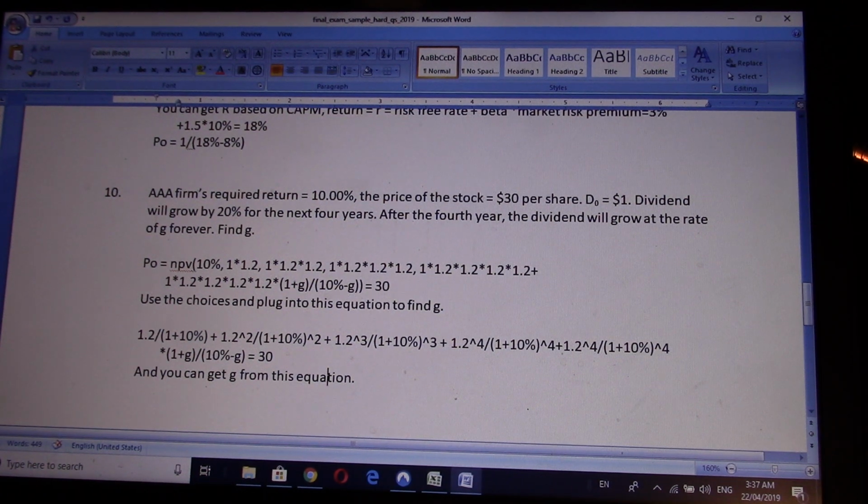Now you do the calculation, you should get how much G is. It's not that complicated, but it just takes a while for you to get it. So the easy way is just use the choices given and try one by one until you find the one that can solve this problem.